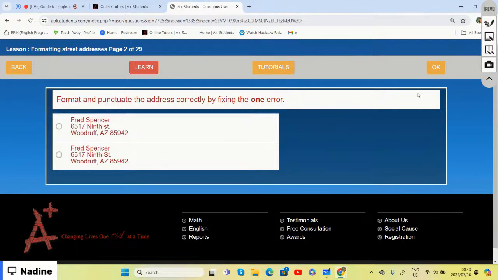All right, we're going to the next one where we need to format and punctuate the address correctly by fixing one error. So when we format and punctuate the addresses, remember we said the first line they are addressing the person, which is Fred Spencer, for example.